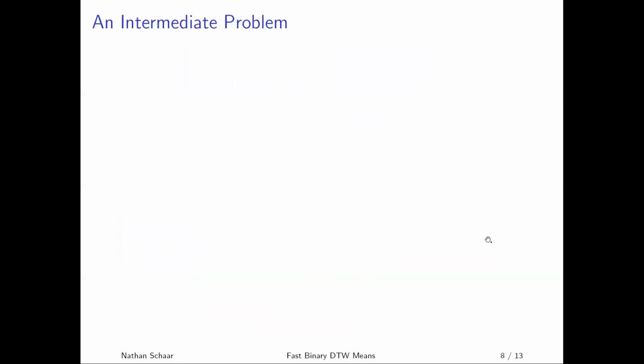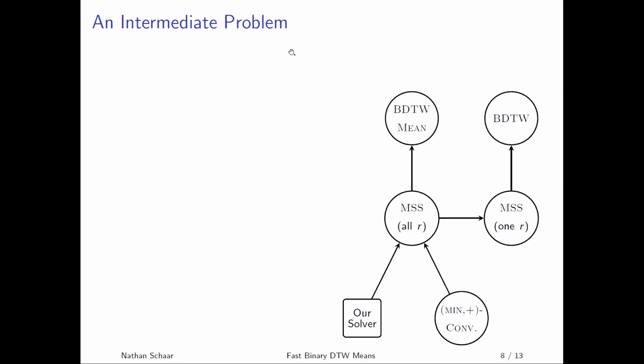And to do this more efficiently, we need an intermediate problem to which we can basically reduce our problem. So here we have a small framework of the problems. And on the top here, we have our binary dynamic time warping mean. And right next to it, we have just the binary dynamic time warping distance.